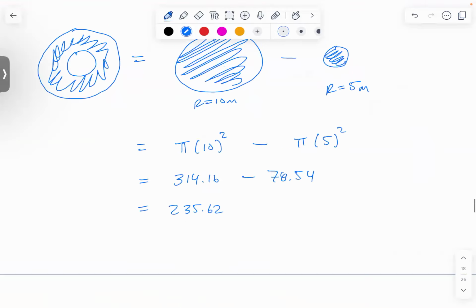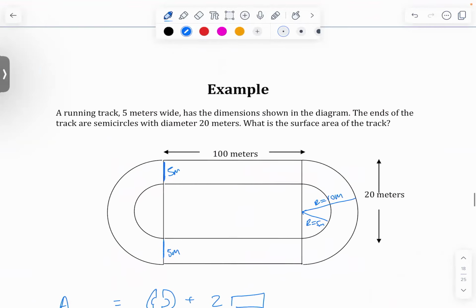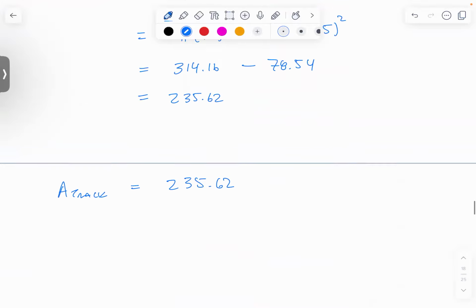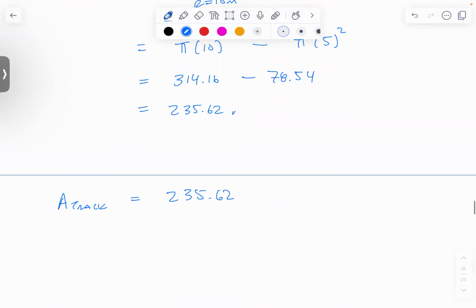Good news, the area of the rectangle is 5 meters by 100 meters, and we have two of those. So the area of the track equals the 235.62 that we found above plus 2 times the area of our 5 times 100.